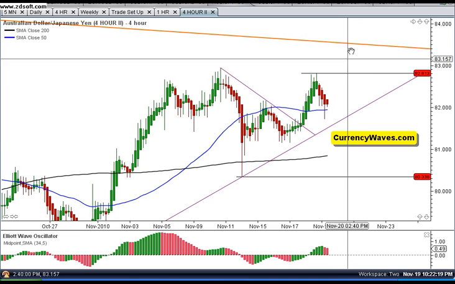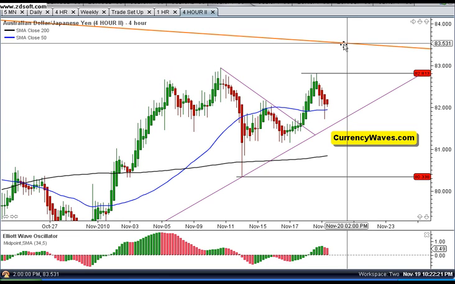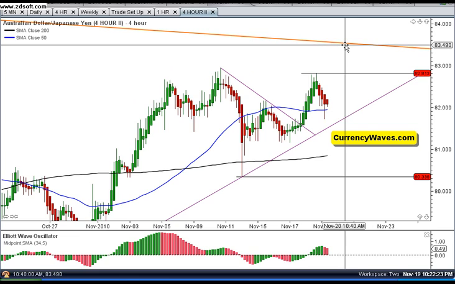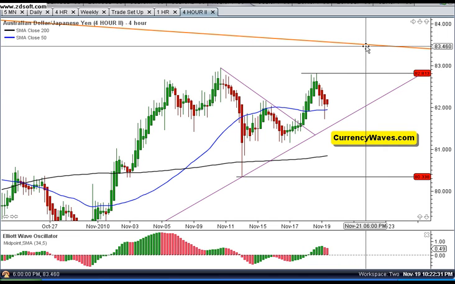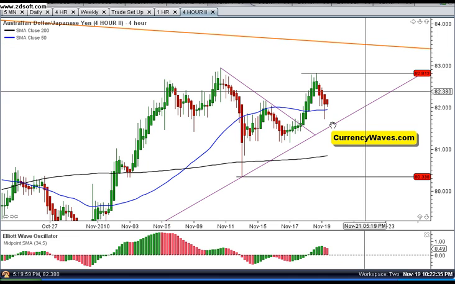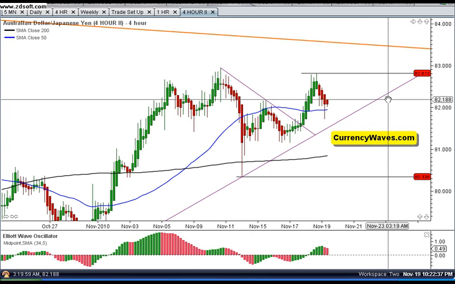A break above 82.81, I don't see much upside here to this long-term downtrend line. So I'd be watching for a break of either one. A break above this long-term trend line could be bullish for the pair. Break below this trend line would be bearish.